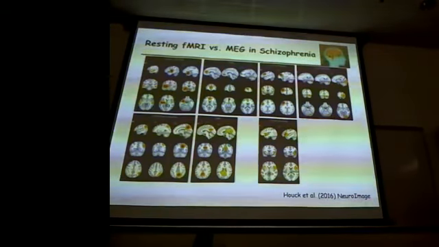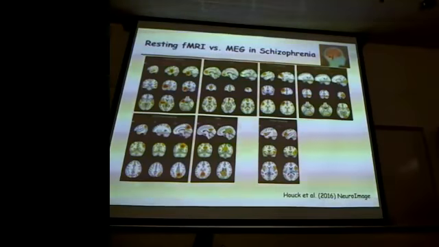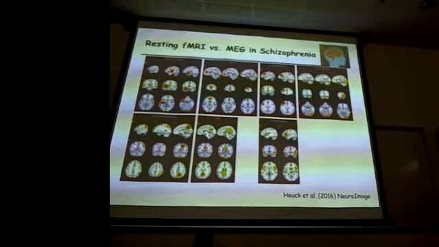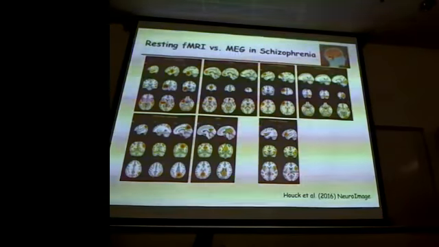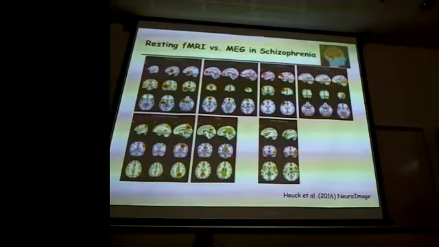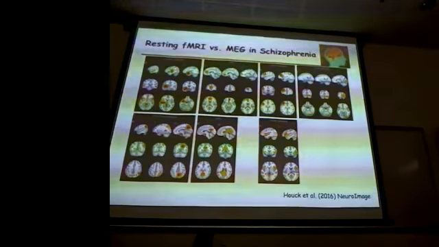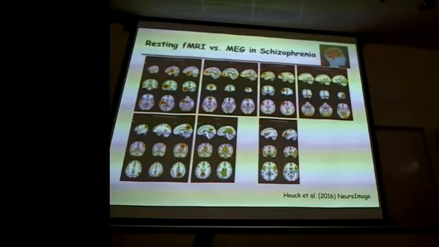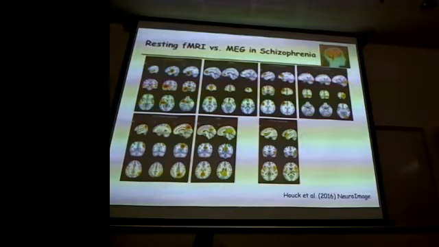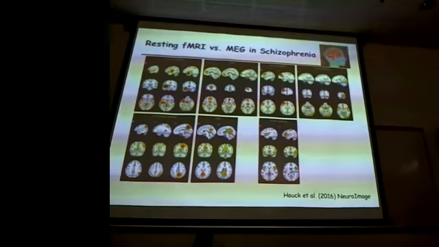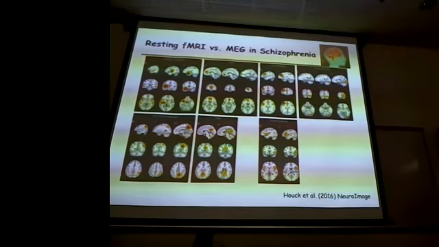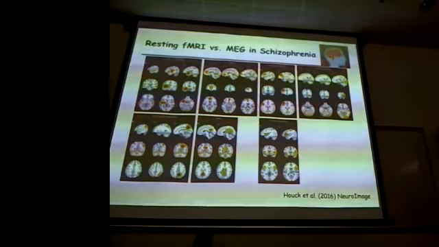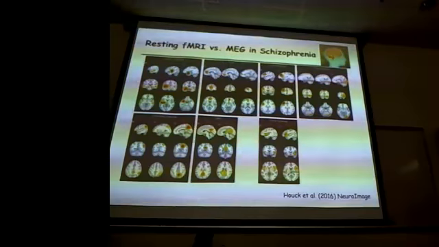So there are still some technical challenges with that technology, but it is quite promising. If that technology can change, then MEG could maybe overtake, but there is still the fact that they're really seeing mostly the same thing. The generators are the same, but they have different sensitivities. So maybe do a combined version.